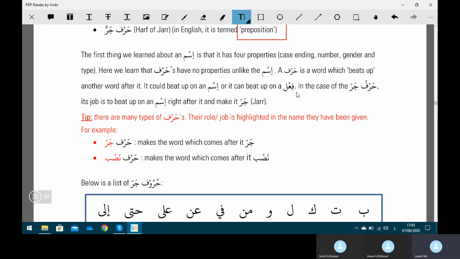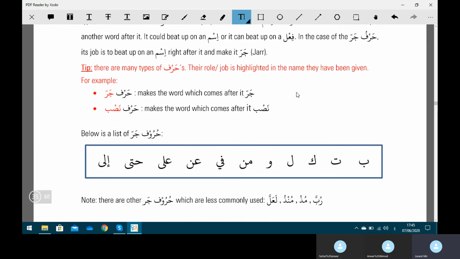So huruf can affect ismun or fi'lun, verbs. We haven't done verbs yet, so don't worry about that. For now, it can affect an ismun. In the case of harf jar, its job is to beat up on an ismun right after it and make it jar. So the huruf jar, the prepositions, make the ismun that comes after it jar. That's what they do.